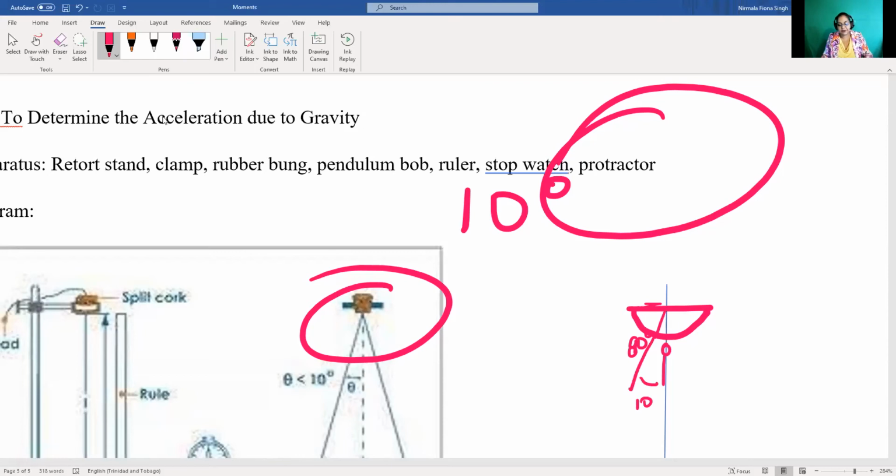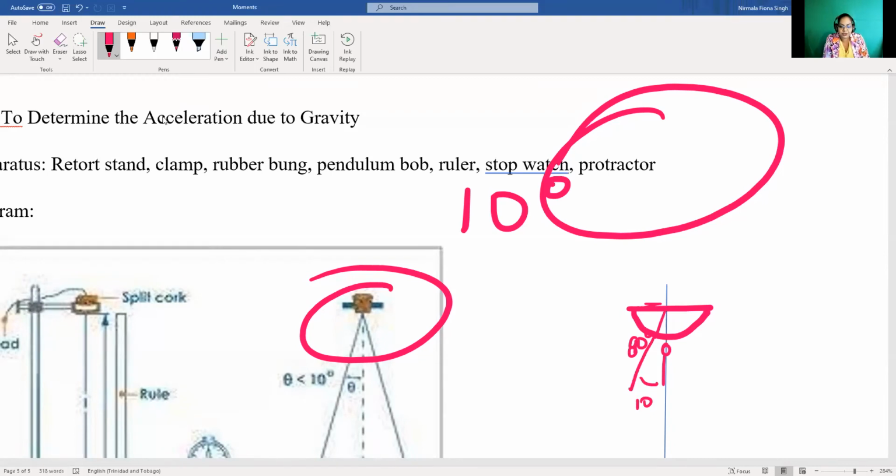And once you release it, make sure it has a nice smooth back and forward motion. You don't want it making an S motion and wobbling all over the place. You're not going to get a correct answer. So sometimes you're going to have to do it several times to get a nice smooth motion.